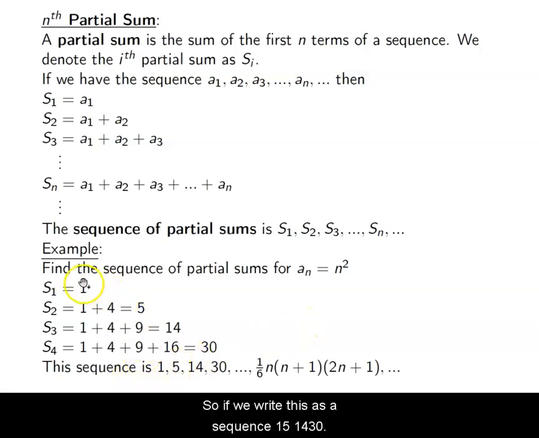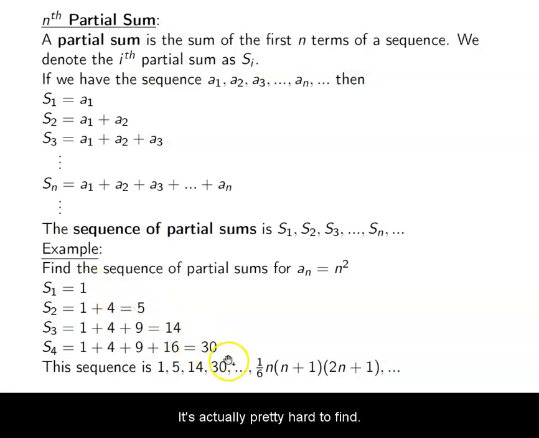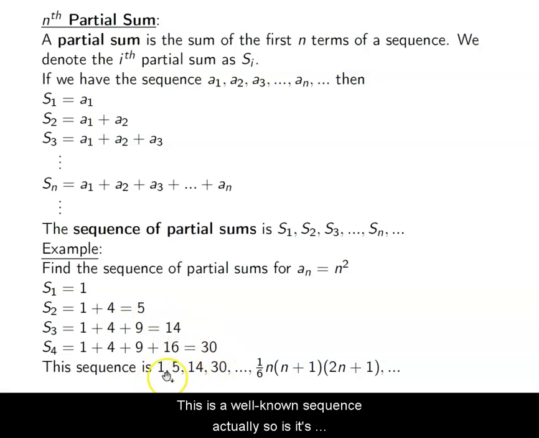So if we write this as a sequence, 1, 5, 14, 30, it's actually pretty hard to find the pattern here, but this is a well-known sequence actually. So it's easy for me to find out what the formula is for this. So it's n times n plus 1 times 2n plus 1 over 6, right? Not all sequences of partial sums are hard to find the general term for. In fact, the next couple sections, that's what we deal with.